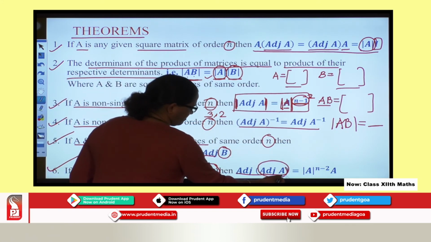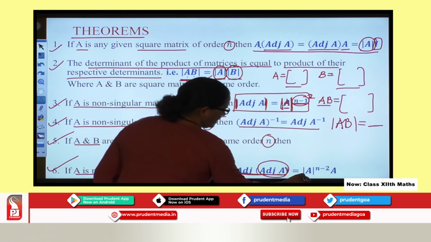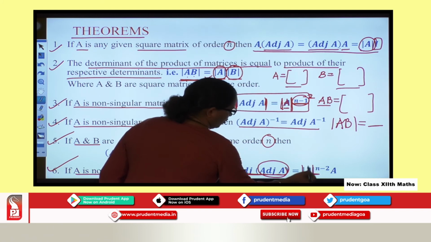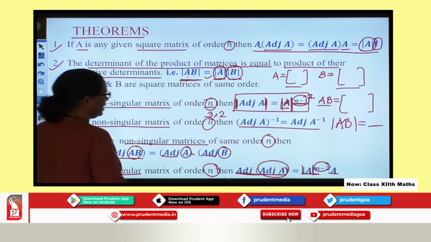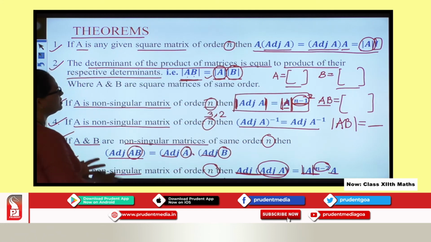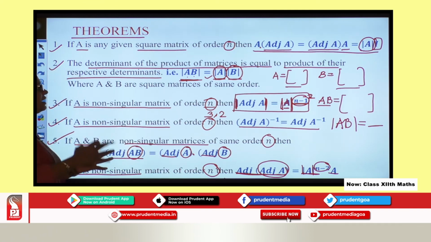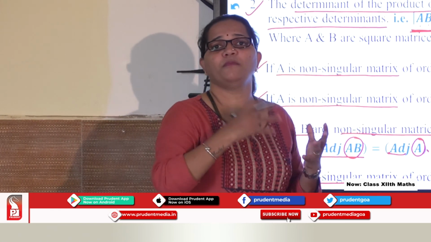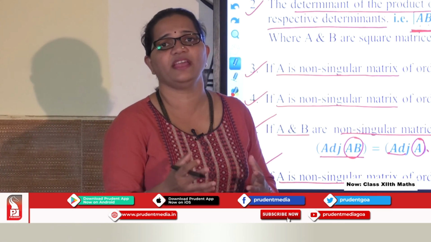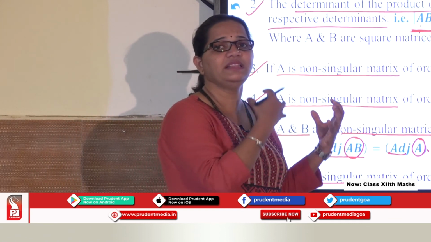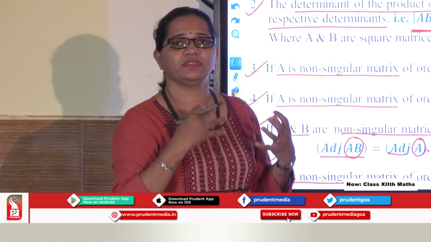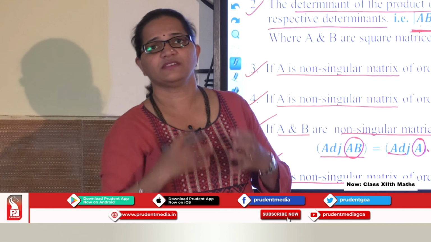So you must remember the formula is equal to the determinant of the original matrix to the power n minus 2 into A. Okay, so these are a few theorems which are important from the exam point of view, important in terms of your competitive exams like JEE. So you people need to remember these theorems, these facts very well.